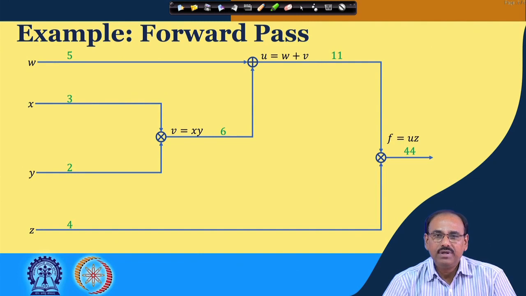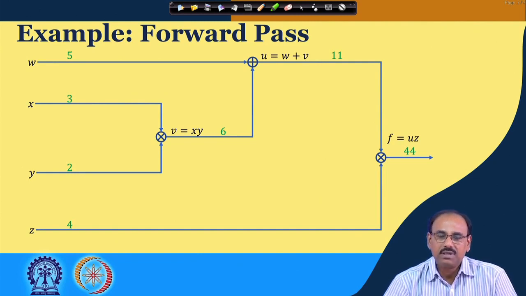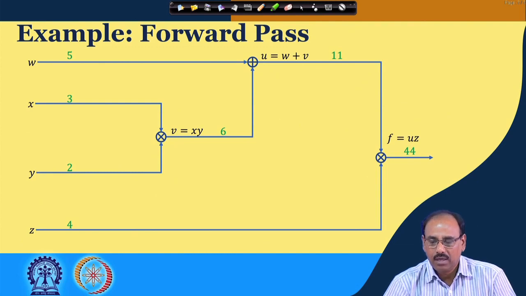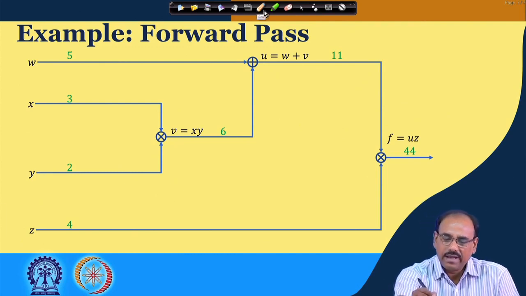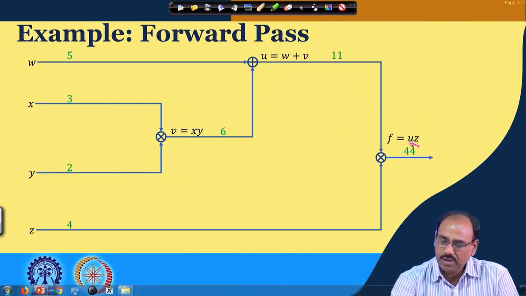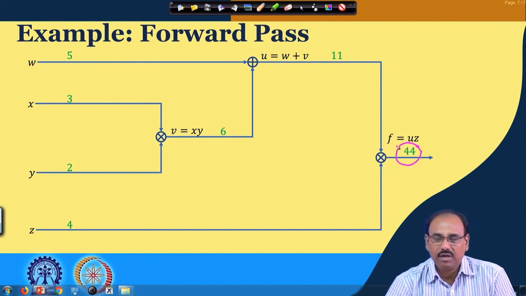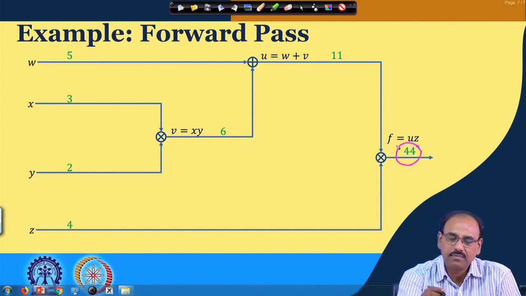Then u, which is w plus v, or in other words it is w plus x into y. If you compute this, it will be 11. And then finally, f, which is u into z, or it is w plus x y into z, that will assume a value 44. So, in the forward pass, I get the output to have a value 44, right.